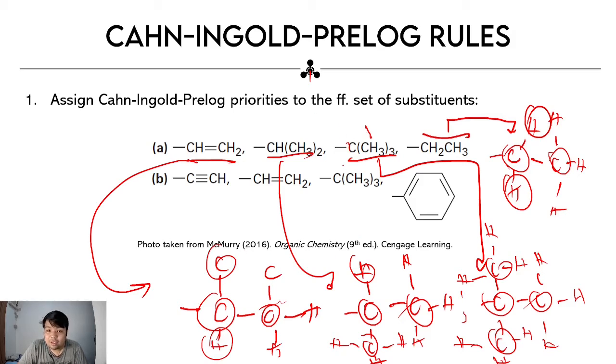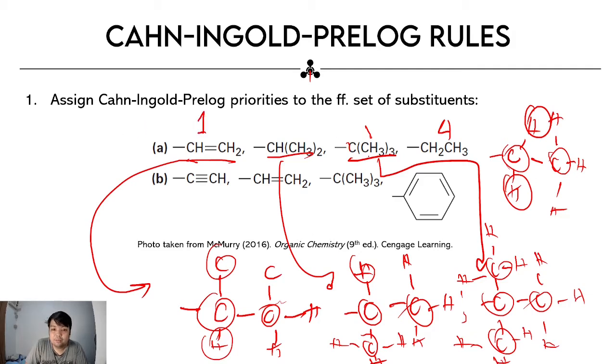Obviously, since it only has 1 carbon atom and 2 hydrogen atoms, and hydrogen atoms are lower in priority compared to carbon according to the Cahn-Ingold-Prelog rule, this will be our priority number 4. And since this one has 3 carbon atoms attached to it, while this one only has 2 carbon atoms, this will be our priority number 1.